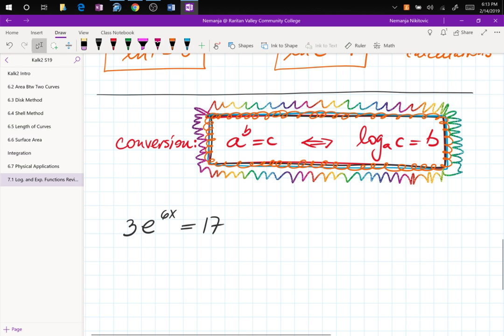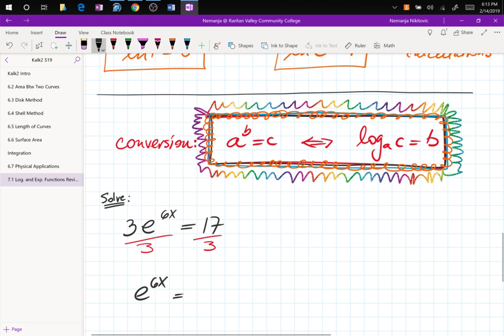Well, our goal is to fish out the value of x, right, to solve the equation. And what would be the first step? Yeah, exactly. Divide by 3. Good. So we divide both sides by 3. We have e to the 6x is equal to 17 divided by 3.